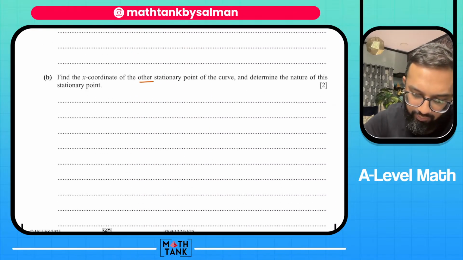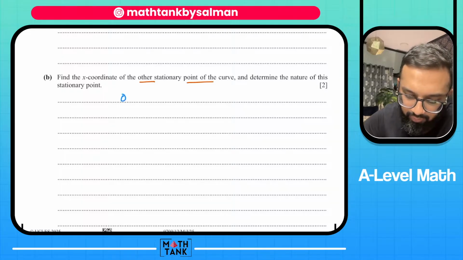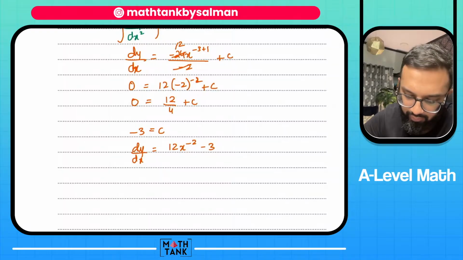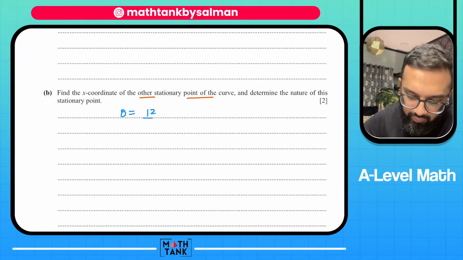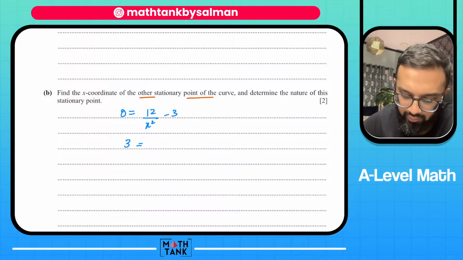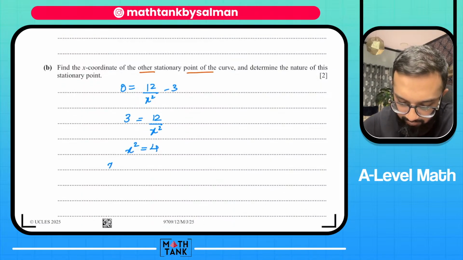It says find the x coordinates of the other stationary point of the curve and determine the nature. So I'm going to equate that to 0. Three, and then you swap. That gives you 12 divided by 3 is 4. It's either 2 or minus 2.